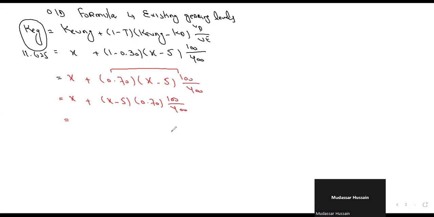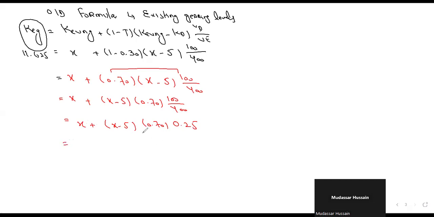Now what will happen when you divide 100 over 400? How much will you get? It will give you 0.25, and this is 0.70 x minus 5 plus x.